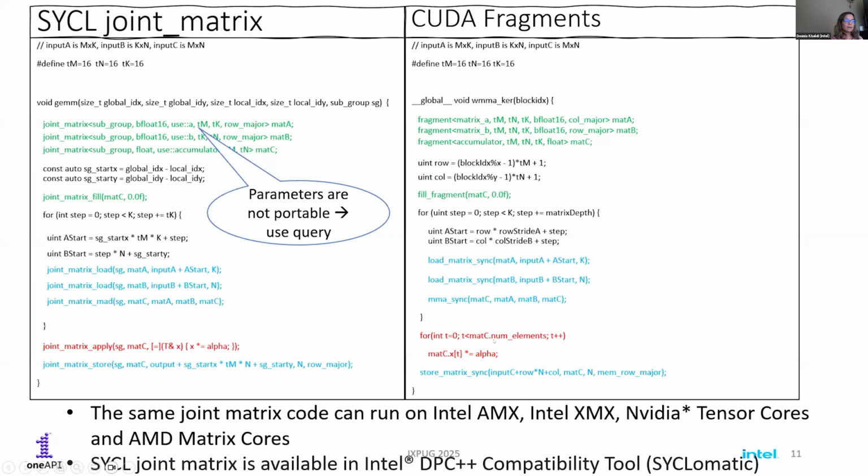In this case, num elements is how many elements per work item, and there is this variable x that gives you the array per work item. So you have to think in terms of what is the portion per work item and do the operation, whereas joint matrix apply will do that explicitly.